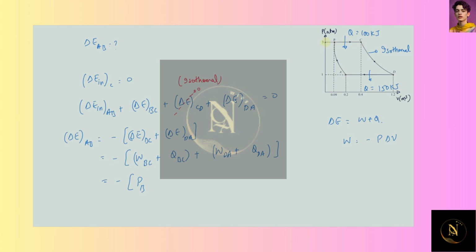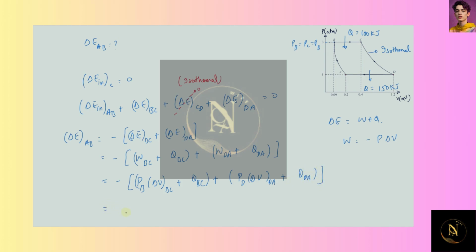The pressure PB is equal to PC because the pressure at B and C is the same, so we can write directly PB, times the delta V of BC plus Q of BC. Similarly the work for the process DA will be minus PD times delta V of DA plus Q of DA.